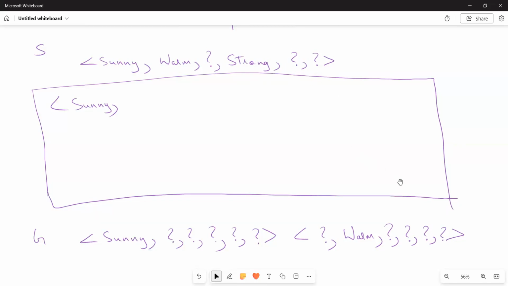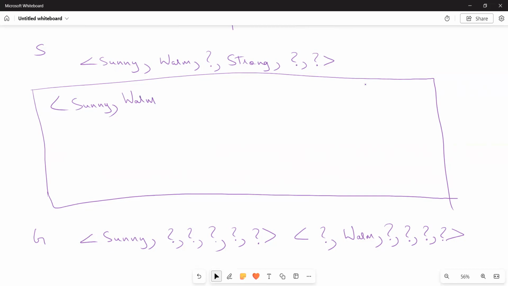If I compare this Sunny of the generic hypothesis with the specific hypothesis, and it is consistent, then it's fine.